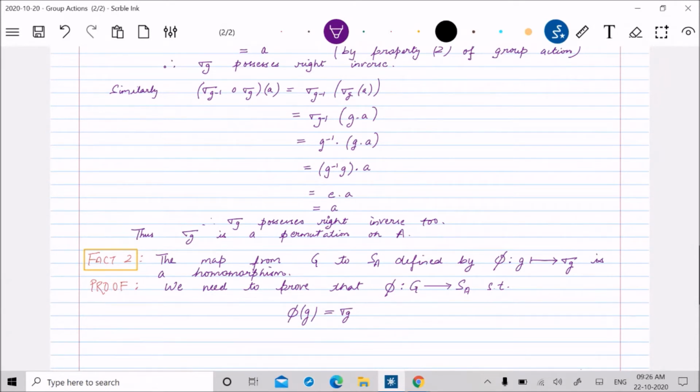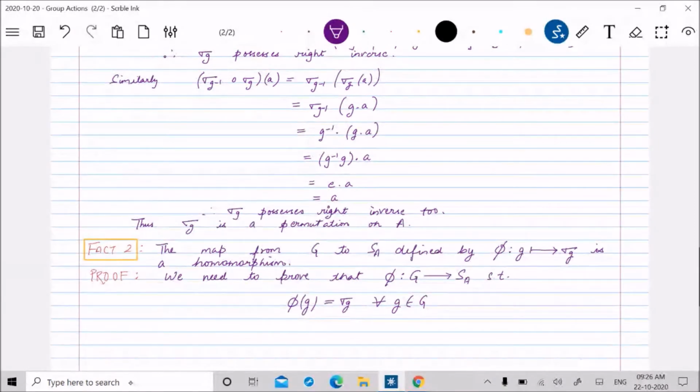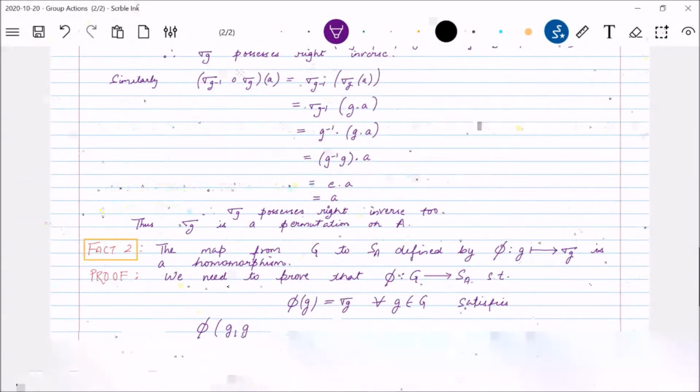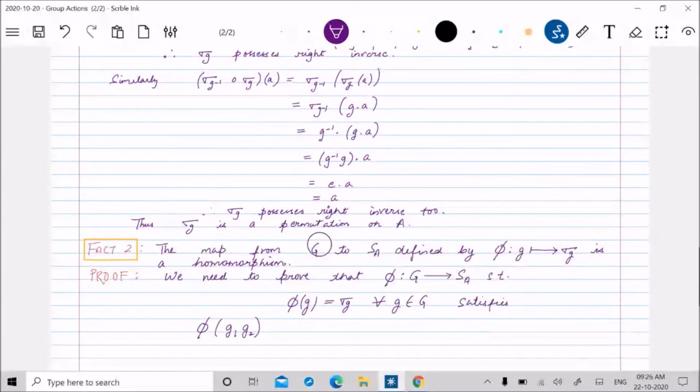We have not proved that it is a homomorphism. It is just a function, right? Phi(g) is equal to sigma g, for all values of g belonging to G, right? You want to prove that this satisfies the homomorphism property. If you remember the homomorphism property, there is phi(g1 g2), and since these are members of group G, the operation of group G can be any operation.